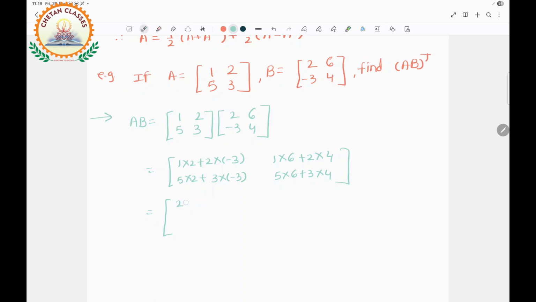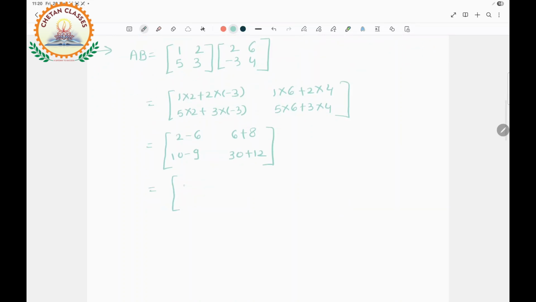So here 2 minus 6, here 6 plus 8, here 10 minus 9, 30 plus 12 is equal to minus 4, here 14, 1 and here 42.